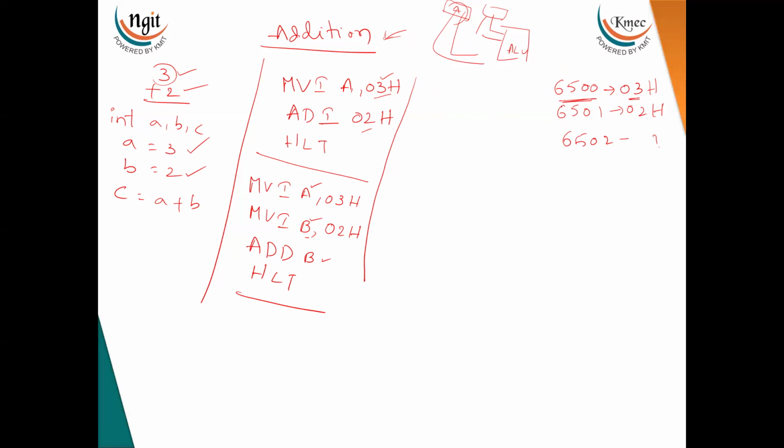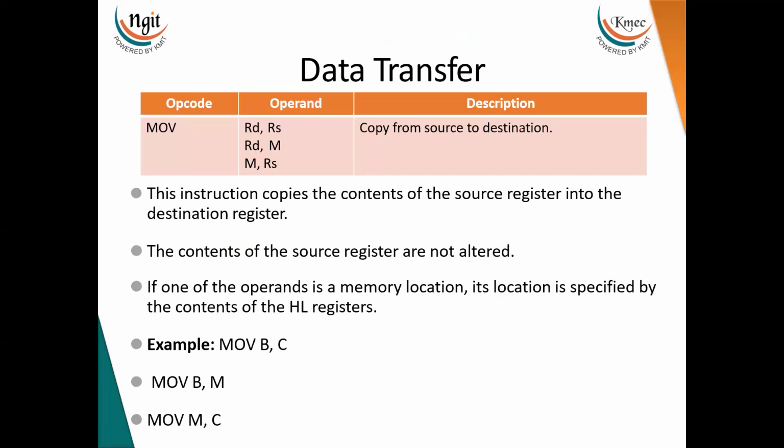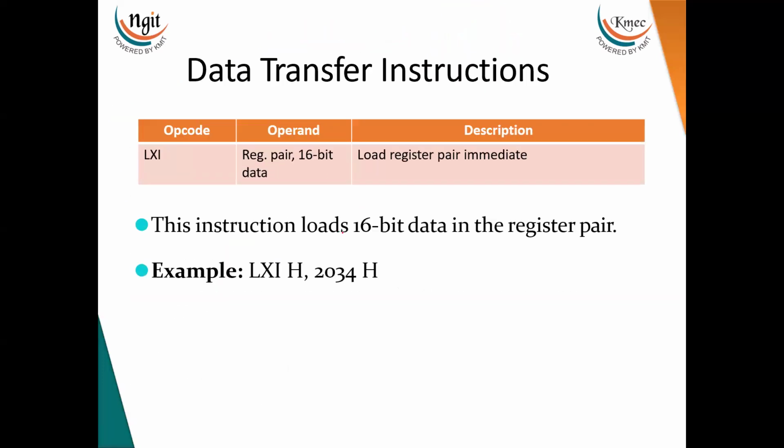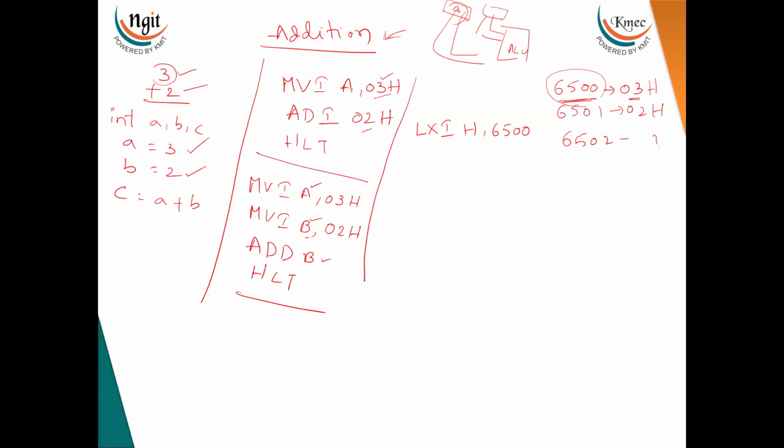This memory location is a 16-bit address, so a register pair is needed. For that I am using LXI H, 6500. What is the meaning of LXI H, 6500? This address is moved into the HL pair, so the address is pointed to by the HL pair.